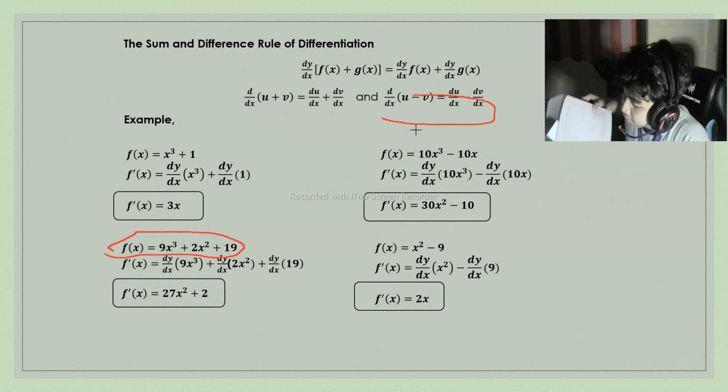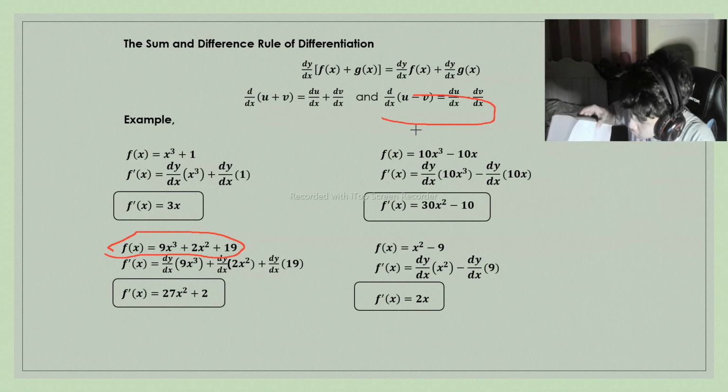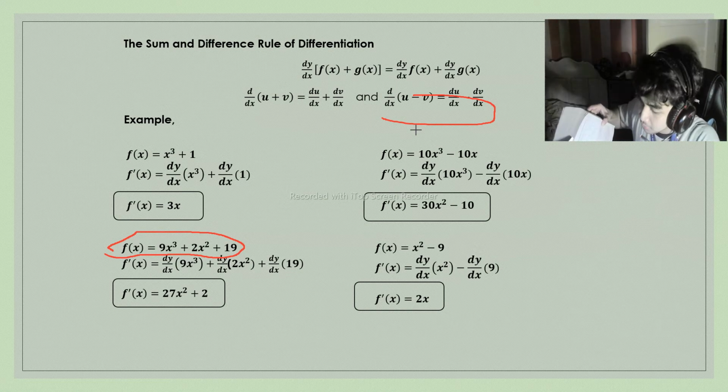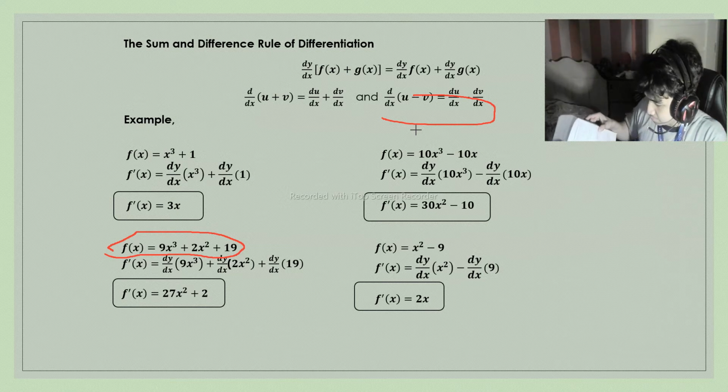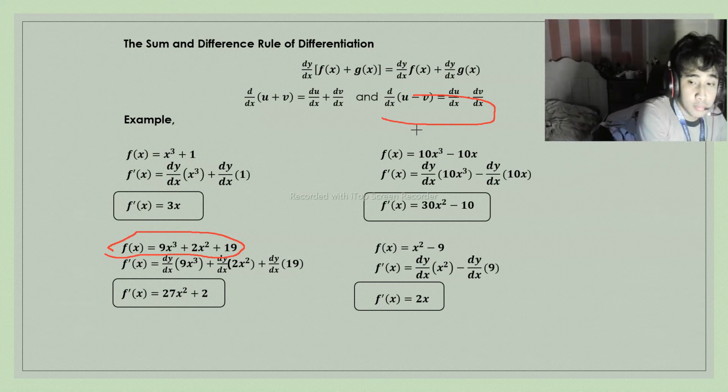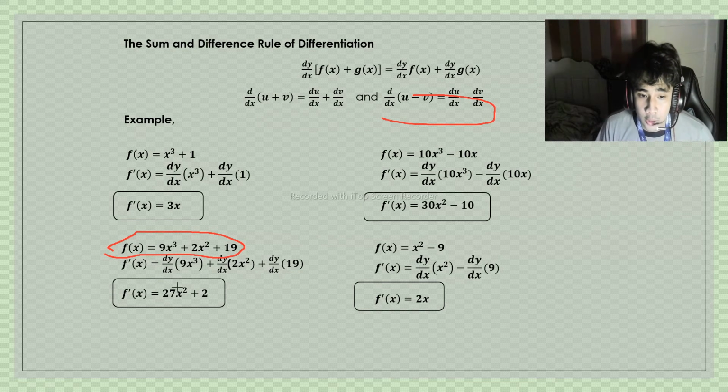From the preceding theorems, the derivative of any polynomial function can be found easily. So, sinasabi, pag ganun daw, dire-diretso pa din i-derivative natin lahat ng term, whether it is an addition or subtraction.